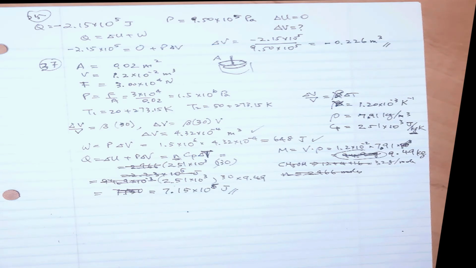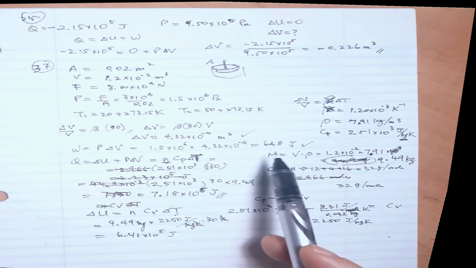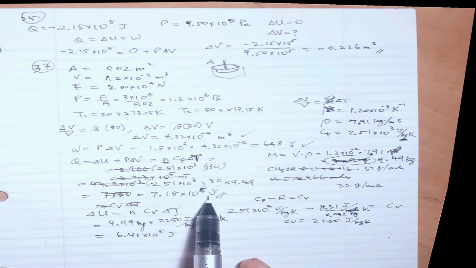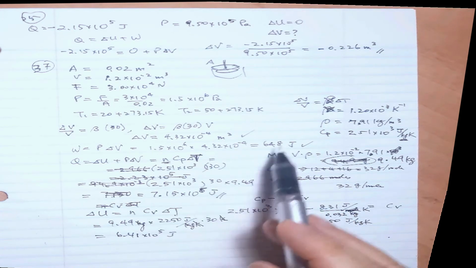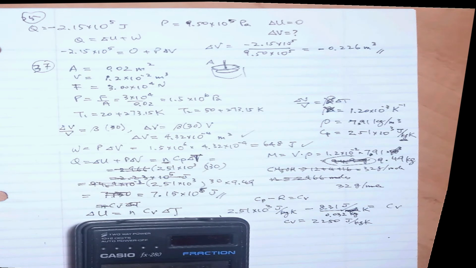And then let's see, that's part C, and then part D is the change in internal energy of the methanol. So this is the amount of heat added to the system because it's positive, but then the amount of work done is only this. So the change in internal energy is this minus that. So if you want to calculate that, it should be 7.15 times 10 to the 5th minus 648.